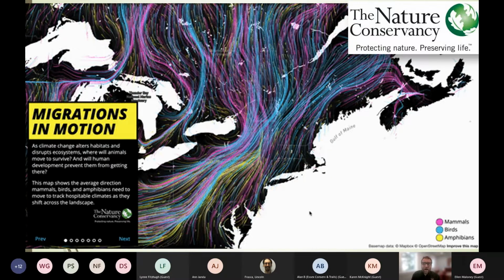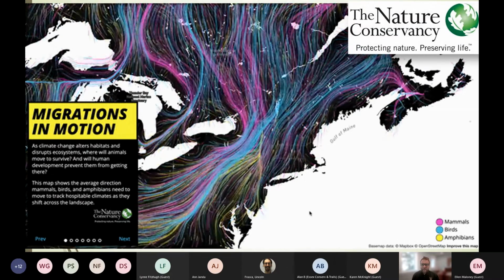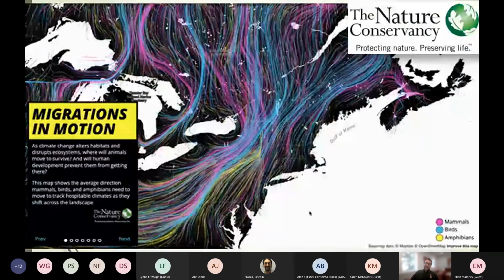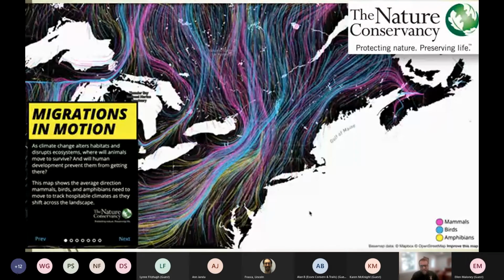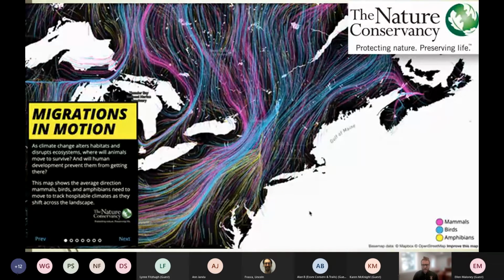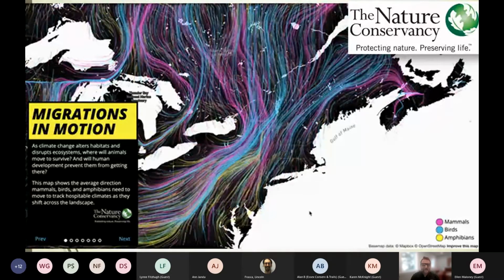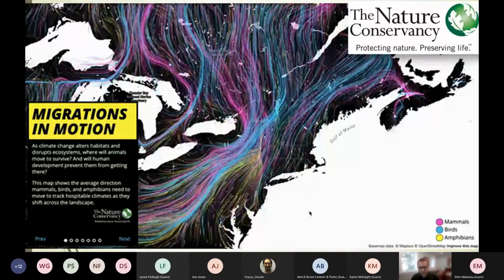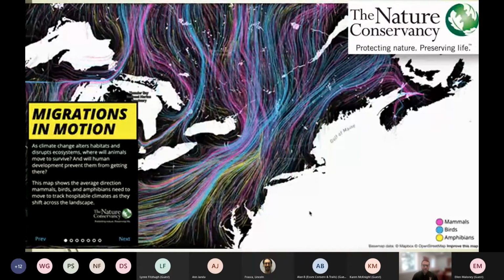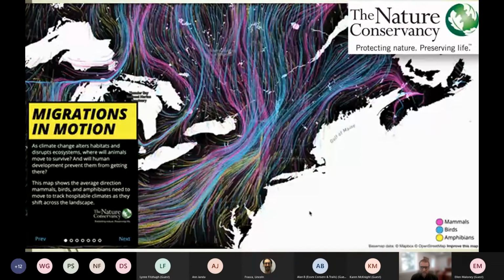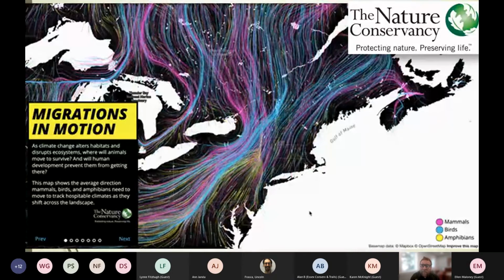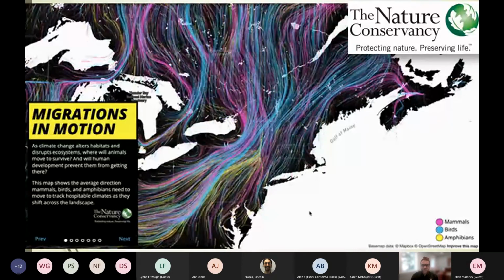Now, wildlife are on the move in response to this changing climate. And so you could say that climate change is making this problem of forest fragmentation even more dangerous. The Nature Conservancy estimates that entire populations are moving north and south away from the equator about 1 mile per year. That's entire populations, not just individuals.